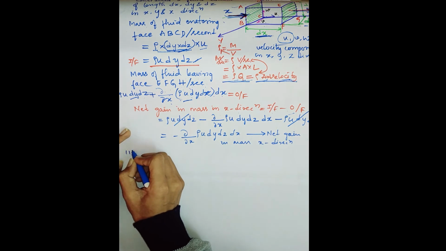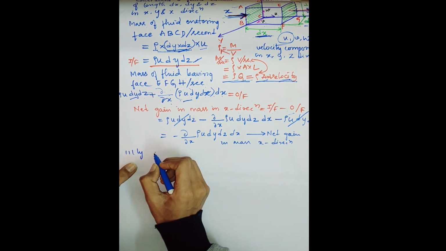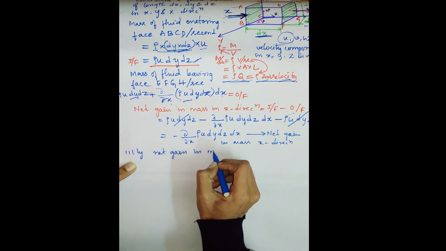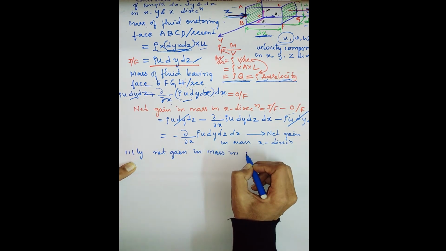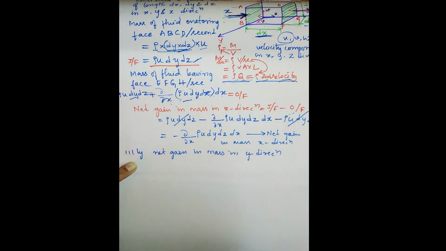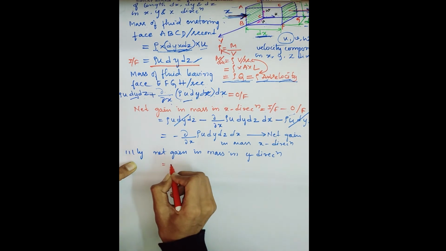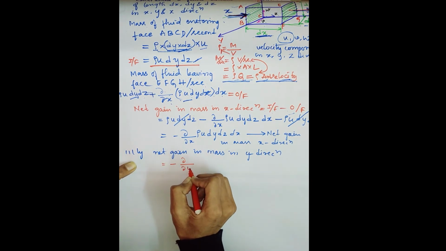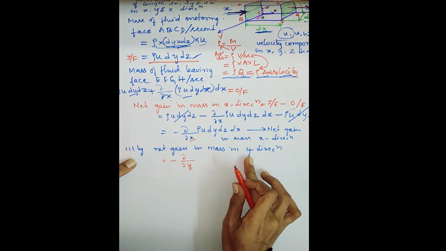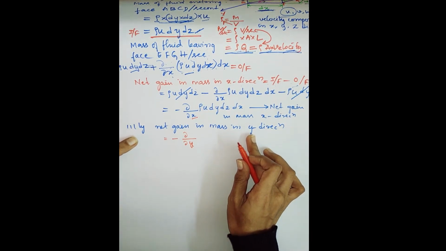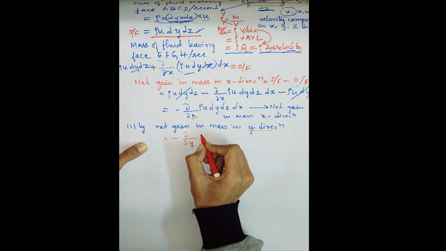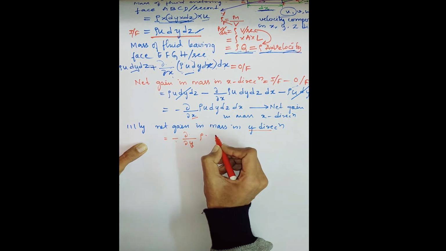So similarly, if we consider the net gain in mass in y direction, we will get minus dou by dou y of rho into the velocity component.